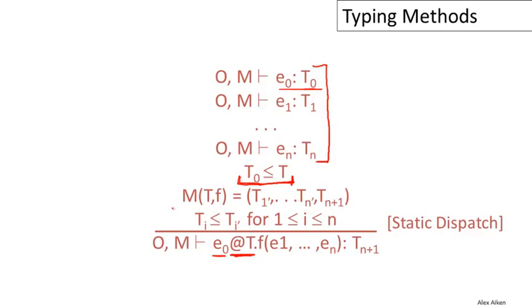And moreover, that class T had better have a method called f that has the right number of arguments with the right kind of type, such that all the type constraints work out, that the actual argument types are subtypes of the corresponding formal argument types. And then if all of that is true, we'll be able to conclude that the entire dispatch expression has a type Tn+1, which is the return type of the method.